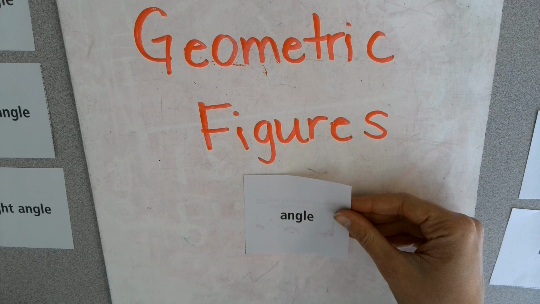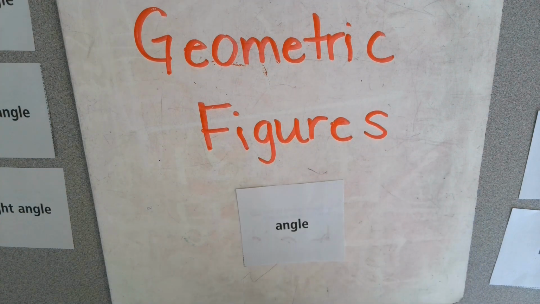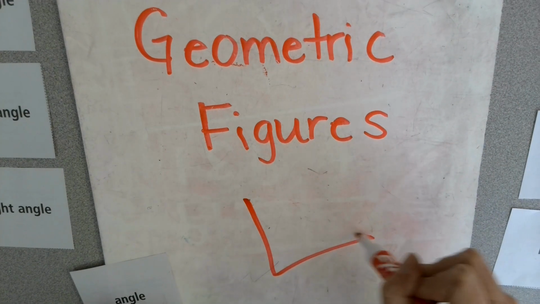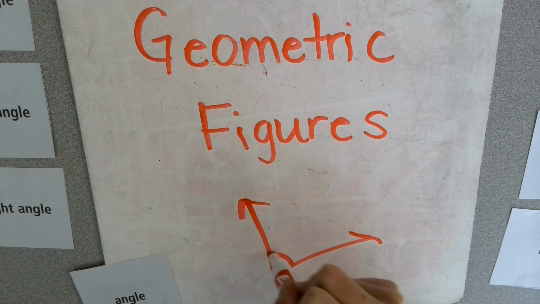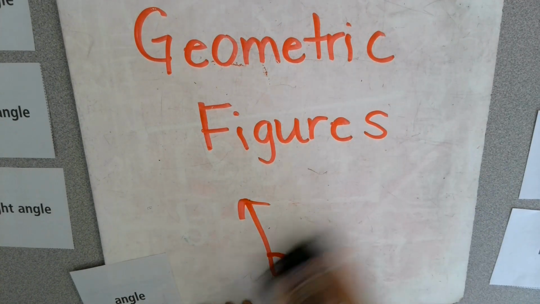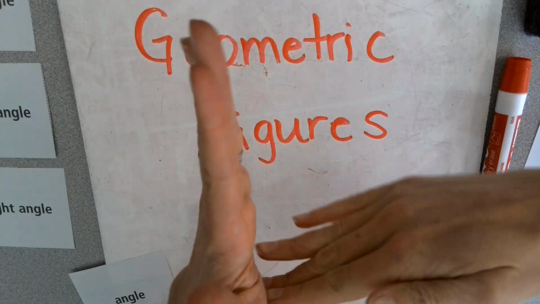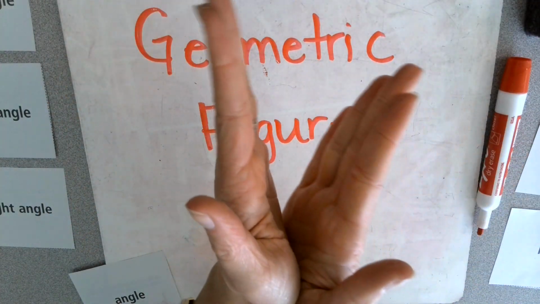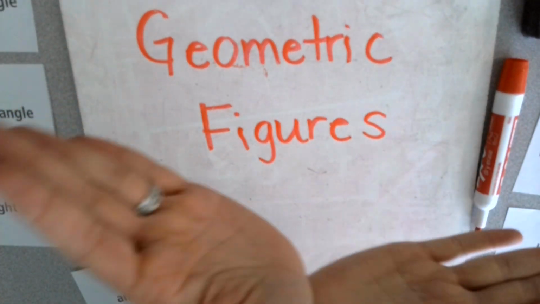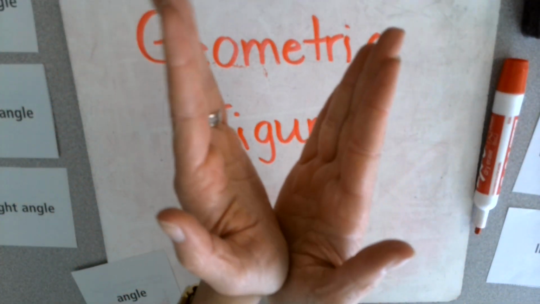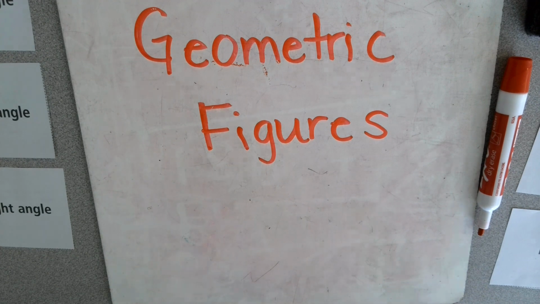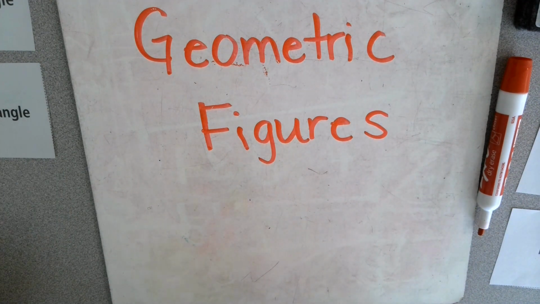It's the space or the figure that's created when two rays meet. Now, depending on where your rays have their endpoint and where they meet, you can have bigger angles or you can have smaller angles. And those types of angles have names. That's what we're going to look at right now.